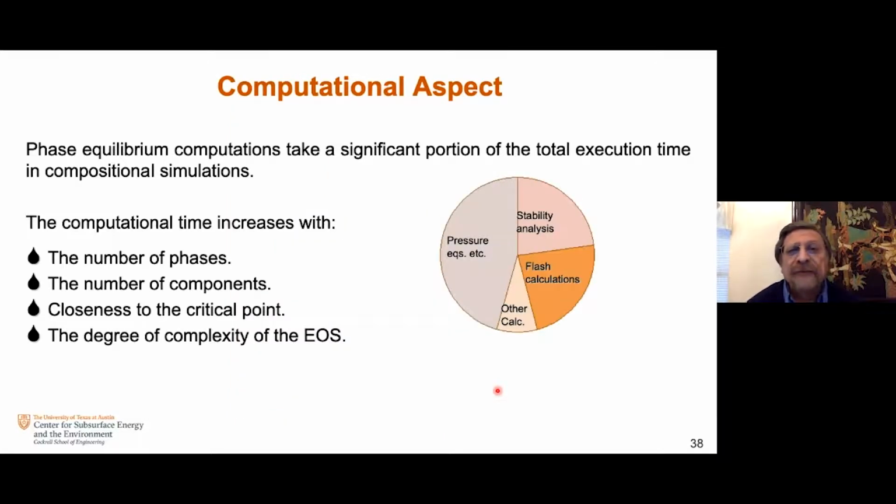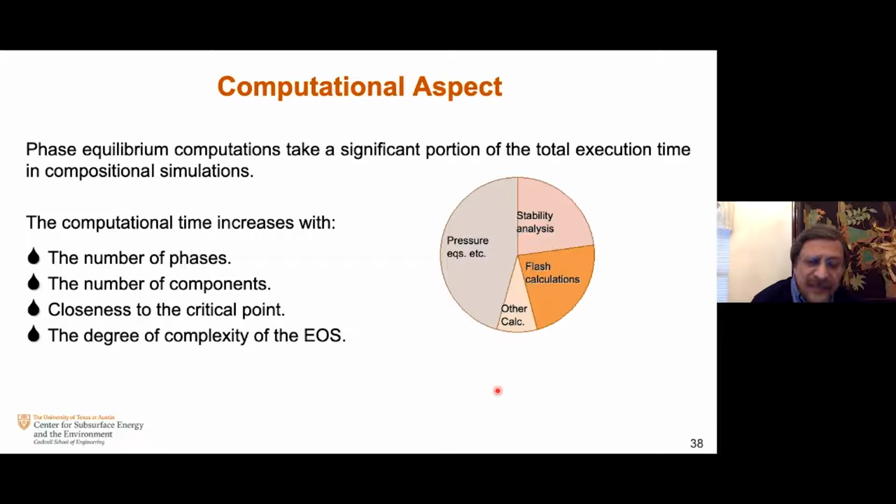Now, one of the big issues that comes into the picture is the computational aspect of phase behavior. I have shown here that, as you can see, this was for an IMPEC, implicit pressure, explicit concentrations, where the pressure equation is dominating and the flash calculation is dominating. So what we really need are very fast solvers.